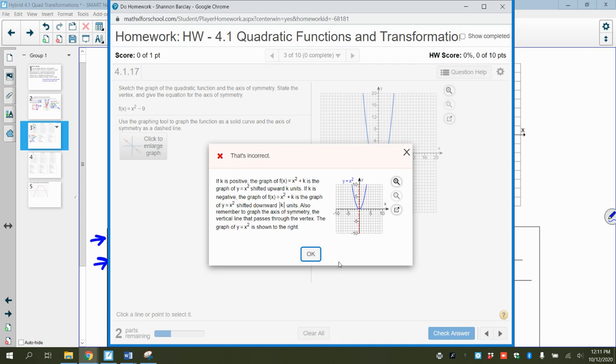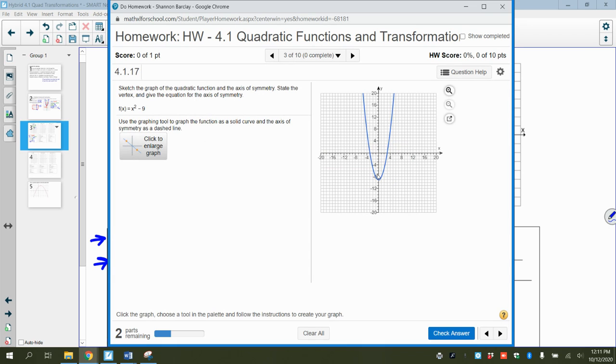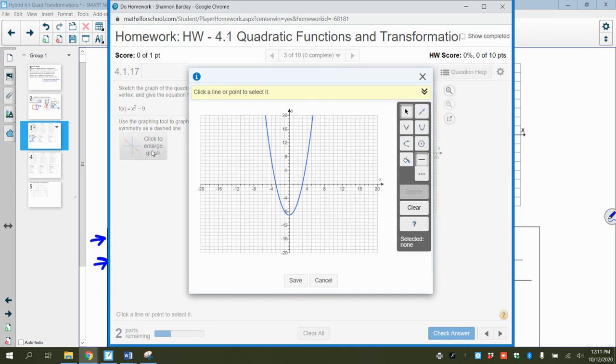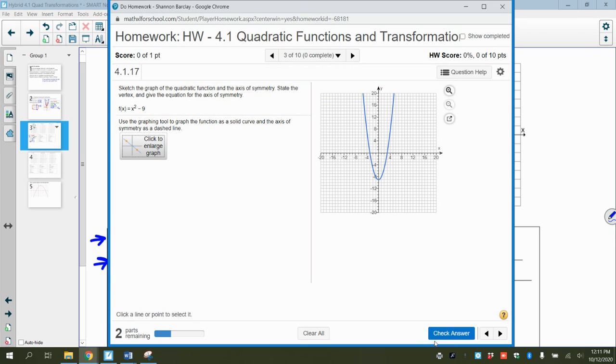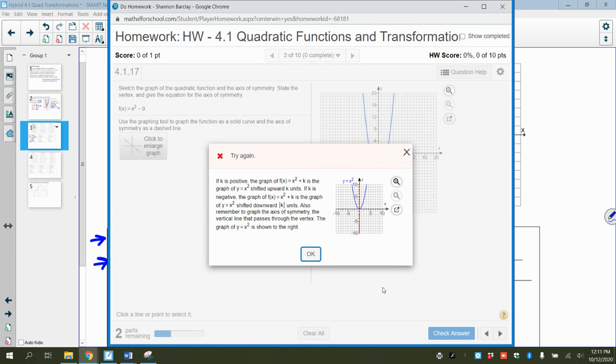Oh, shoot. Let's look at it again. I had the point. I think I have to delete it first, right? Clear it. So I had 0, -9 was correct. And then I did 1, -8. Isn't that what I did last time?